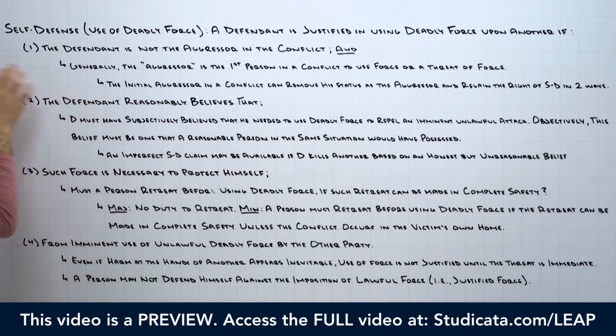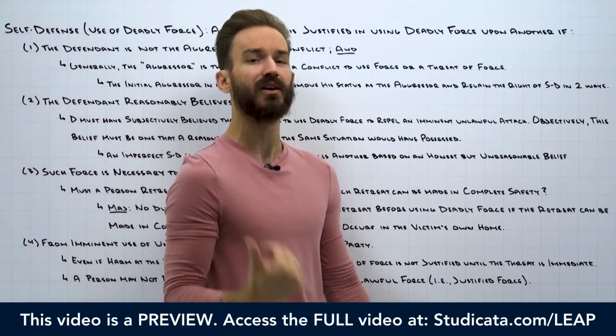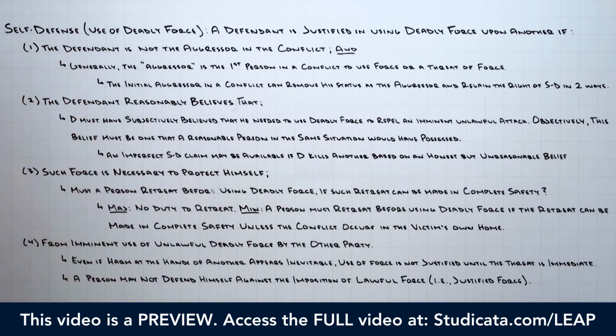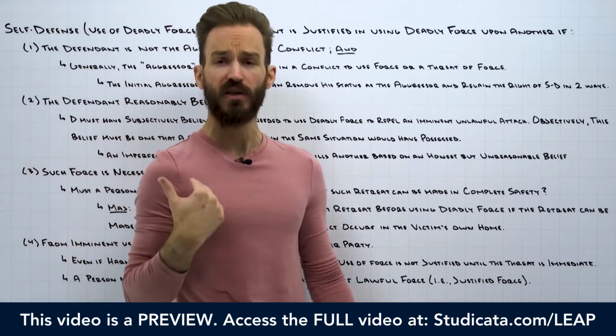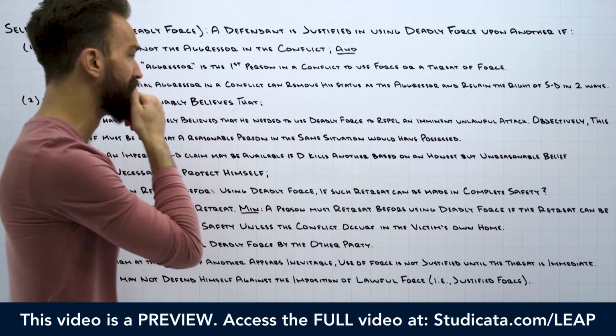And it's really important to determine who the aggressor is, because we know the aggressor in the conflict cannot claim self-defense, right? So if I'm the aggressor, right, and something ends up happening and I'm on trial, if I'm the aggressor, I cannot successfully assert a self-defense claim, right?